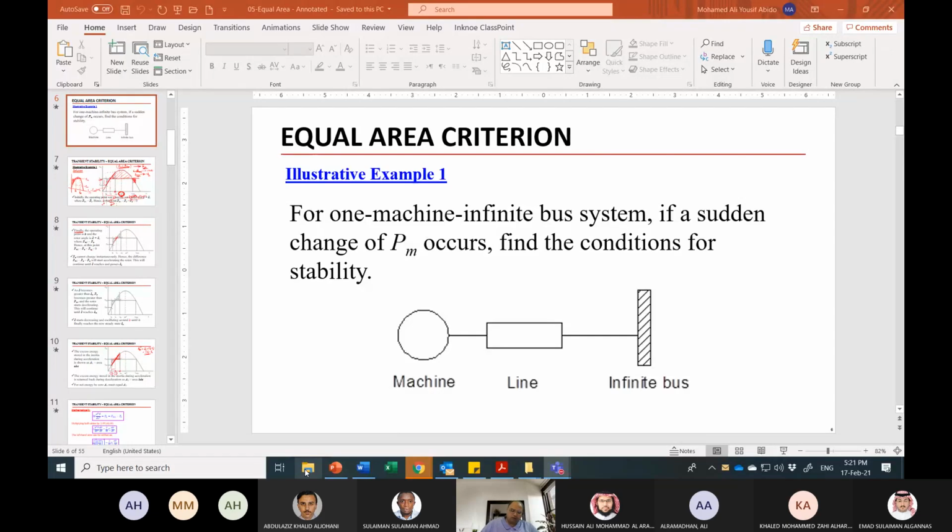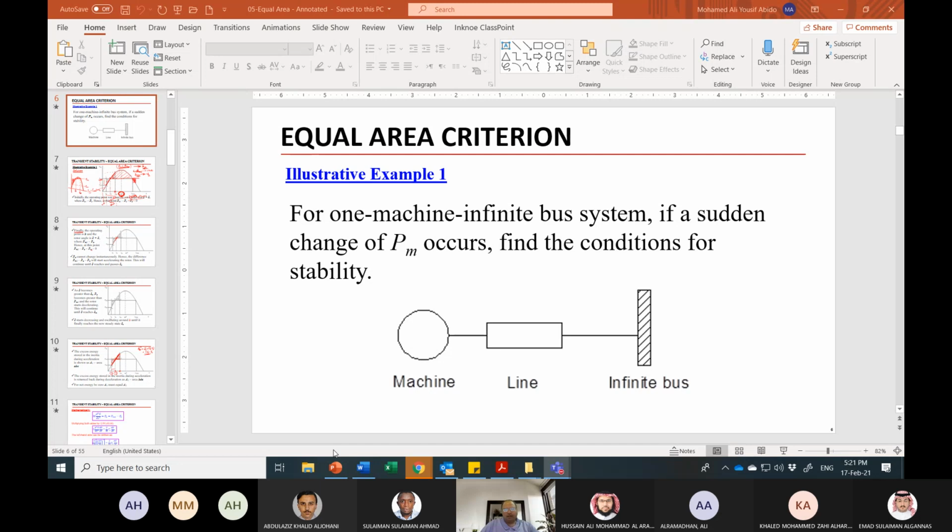So let us continue the transient stability analysis: swing equation solution, graphical solution of the swing equation, or the equal area criteria.